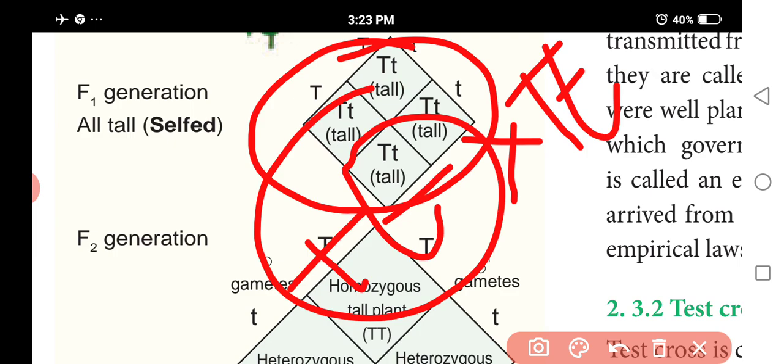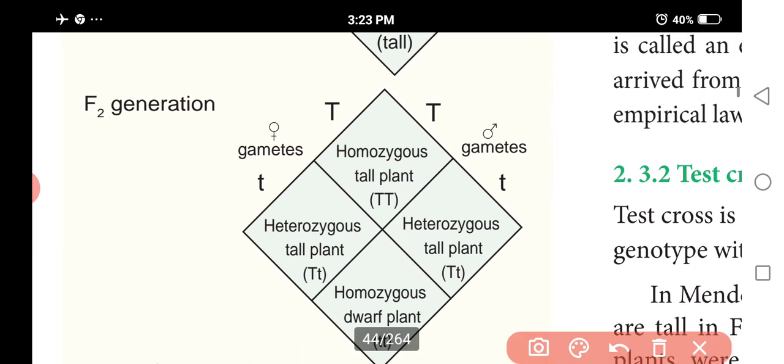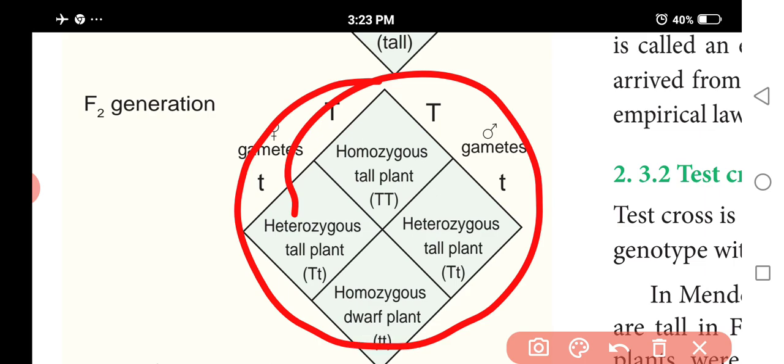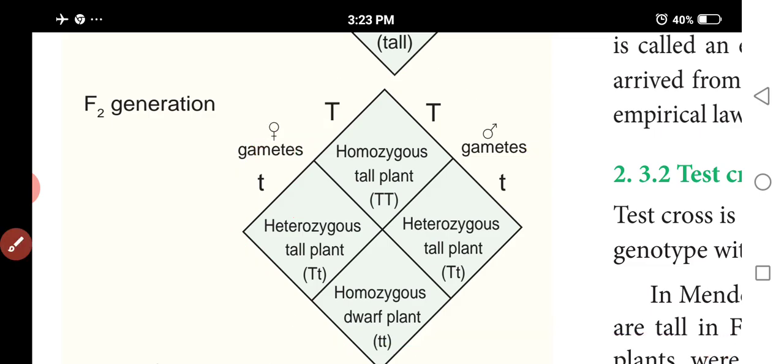Seeds produced were grown into plants. This constitutes the second filial generation. F2 plants contained both tall and dwarf plants, in the ratio of 3:1. The same 3:1 ratio was observed for the other 6 characters also. This ratio is called the Mendelian ratio or monohybrid ratio. So do you understand the F1 generation?